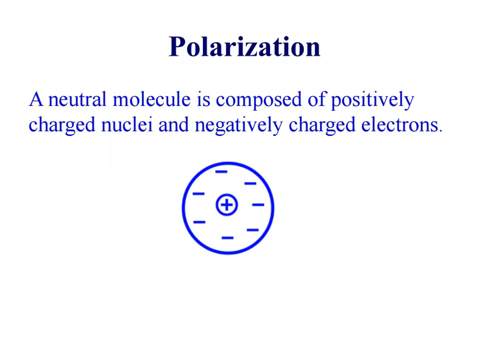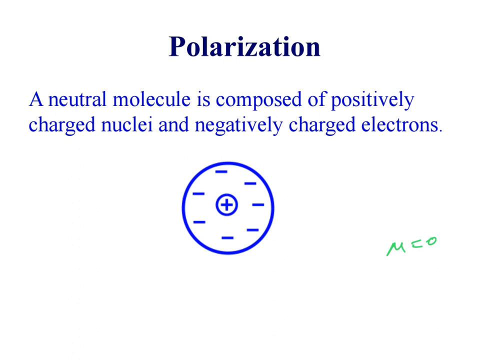What is induced dipole moment? Let's take a concept called polarization. If you understand polarization, then as a result of polarization we get dipoles. Okay, let's take a neutral molecule which does not have a dipole moment. Let us assume the dipole moment is 0, and it is composed of a positive charged nucleus and an electron cloud around the nucleus.